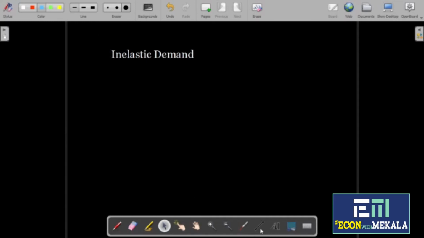Let's take our demand curve and try to find out why it has a steep slope. We learned the inelastic demand curve has a steep slope.